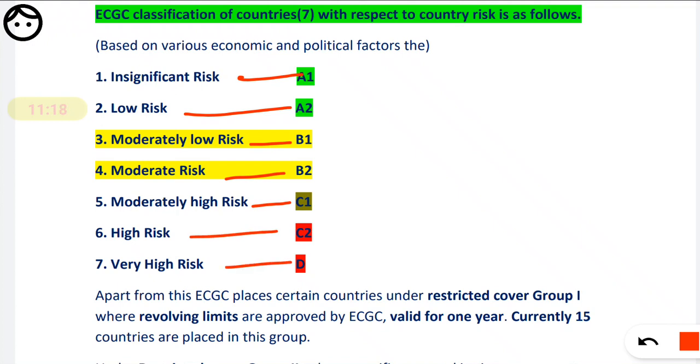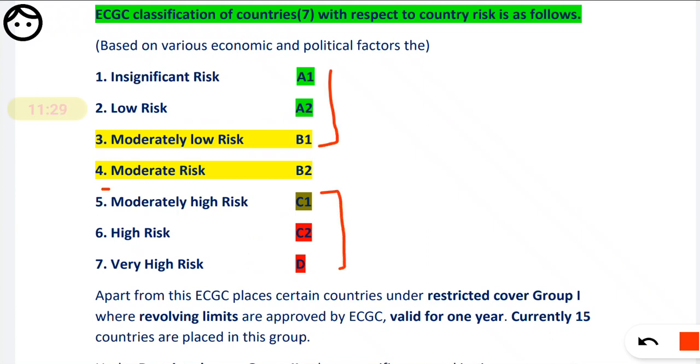So how to remember that? Total are 7, so 3 above, 3 below. Just remember that the fourth is B2 and it is moderate, and when you go down, risk will increase.